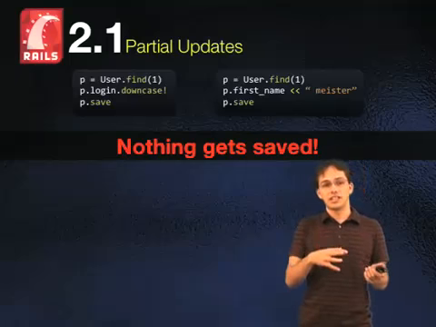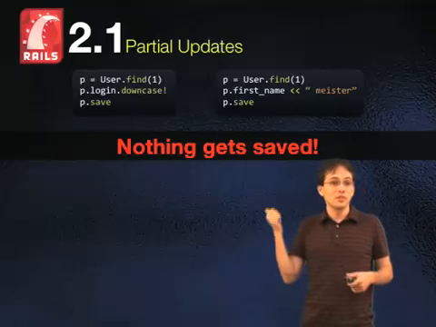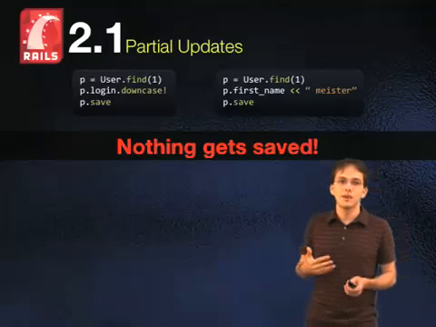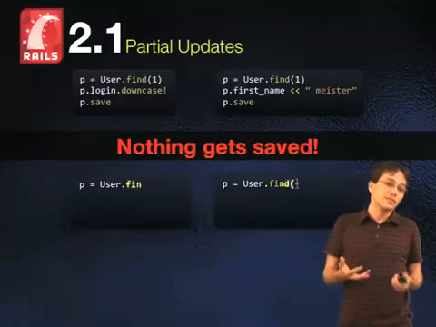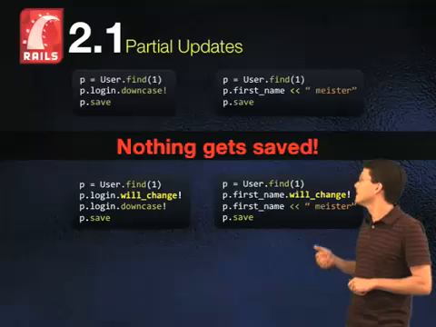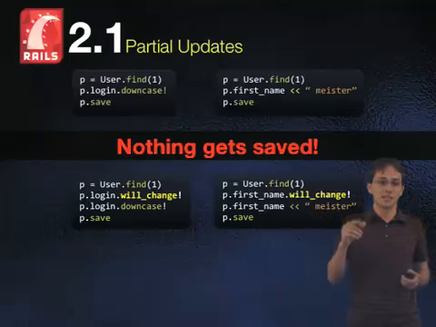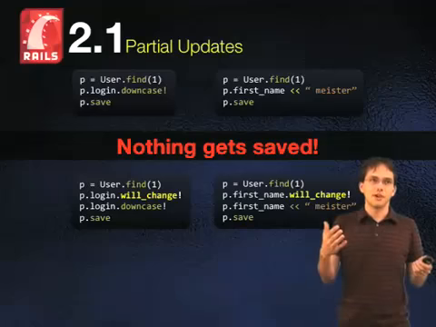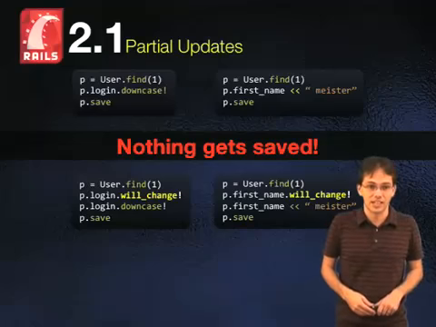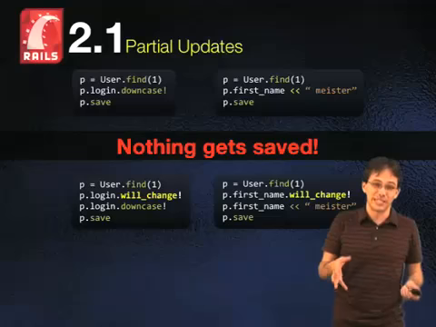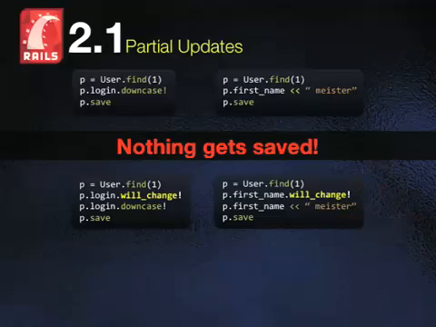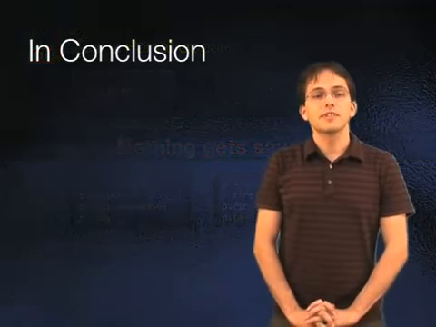When that gets changed, then something gets flagged as dirty. But if you're using one of these, it goes around that. So what you have to do, if you still want to use these partial updates, is call the field.willChange! And that tells the model that this field is going to change, even though it might not normally get record of it.